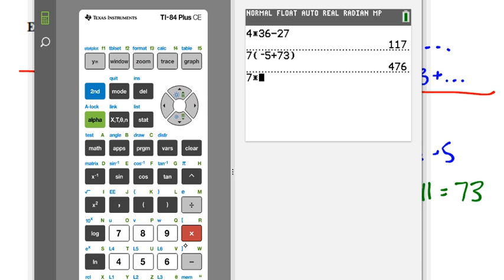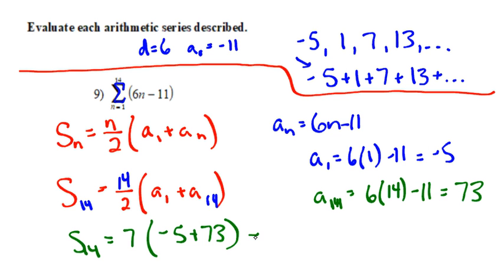And I wanted to show you that if I did it like this, without the parentheses, because of the order of operations, it's going to multiply these and then add 73. But here, it's going to do the addition first, then multiply by 7, and that's what we want, 476. Okay. And we have evaluated that series for the first 14 terms. Its value is 476.